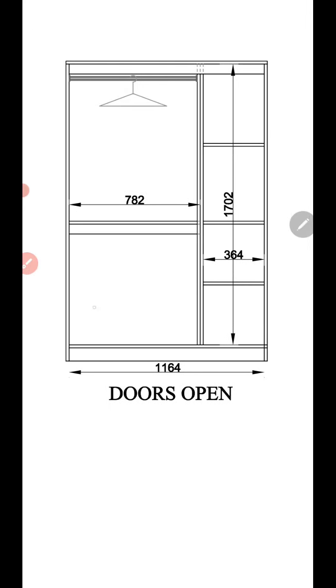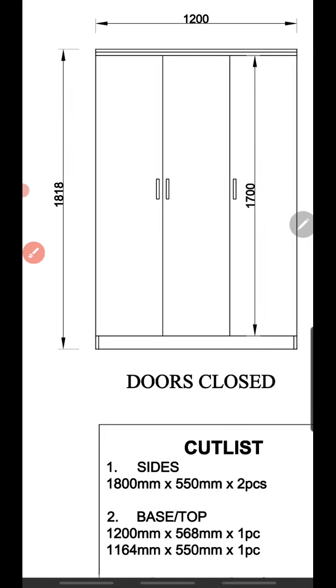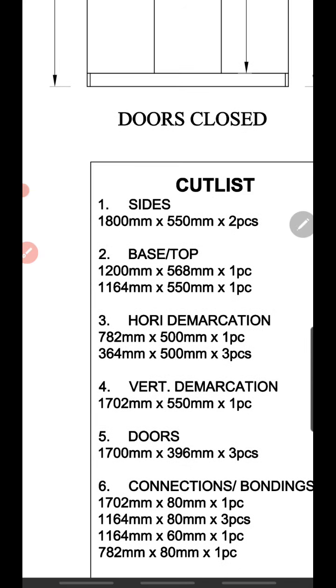You have the wardrobe when it's open. At the top here, you have the connection, you have the base, you have the vertical demarcation, horizontal demarcations, you have the sides, and then you have the doors.